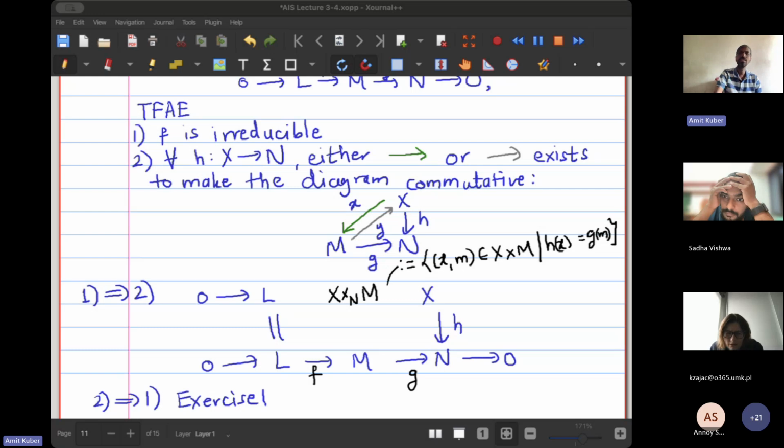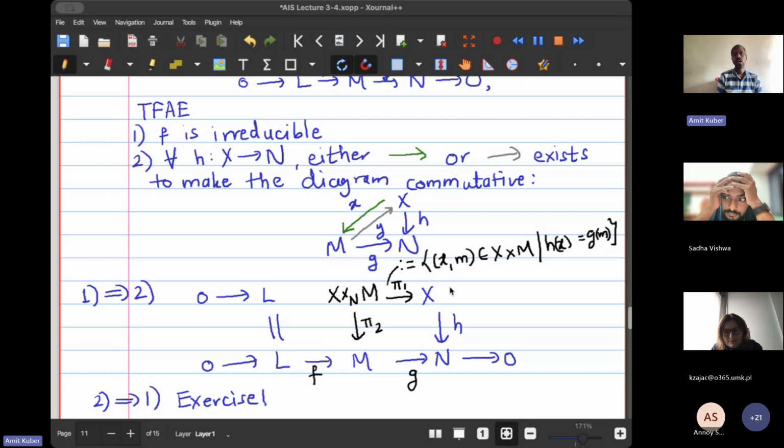This is the set theoretic description of what the pullback is. So it is a subset of the product, and obviously there are natural projection maps. This is the first projection, and this is the second projection.